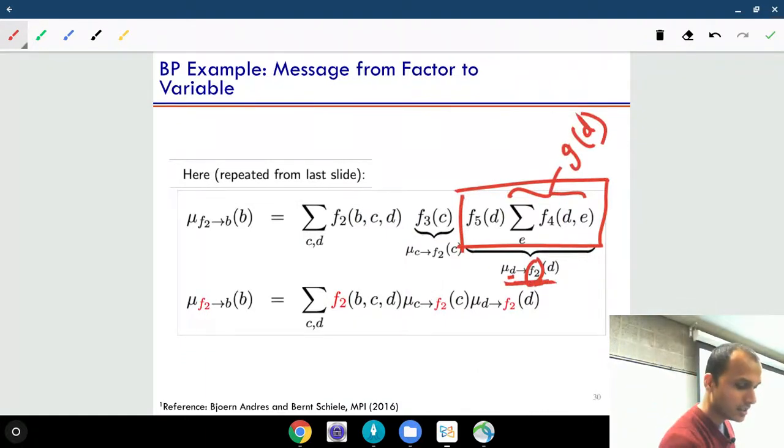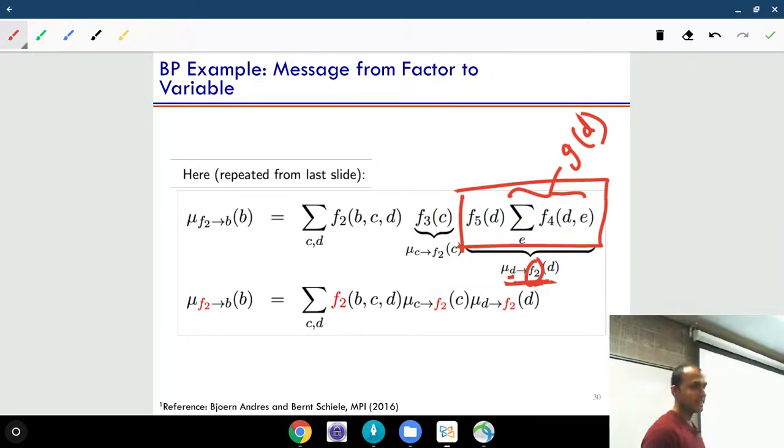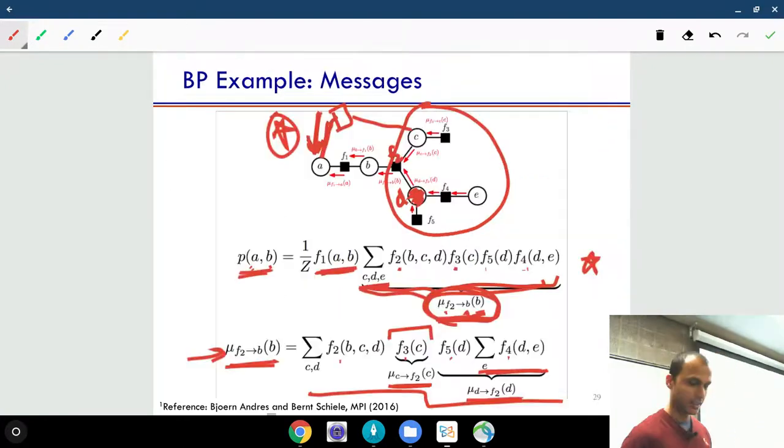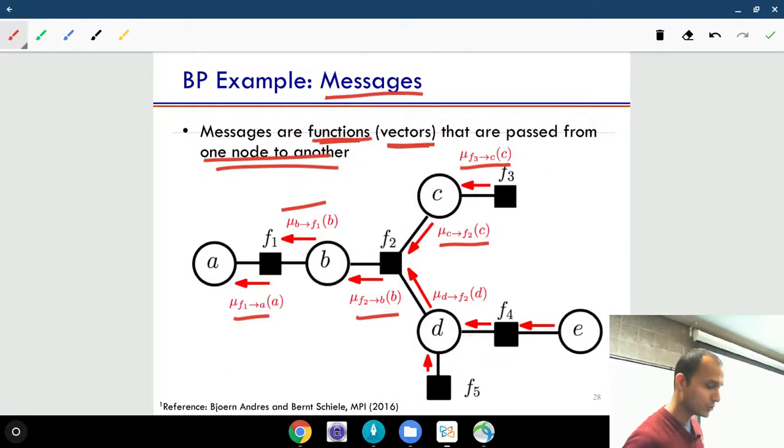So the message at D is going to be this guy and this guy. There are two vectors. The message that D itself passes on in this case is going to be the product. We are just looking at this equation. It's going to be the product of the two messages that came in. So that's the message that D is passing to F2. Let's go back to the bigger zoomed in picture.